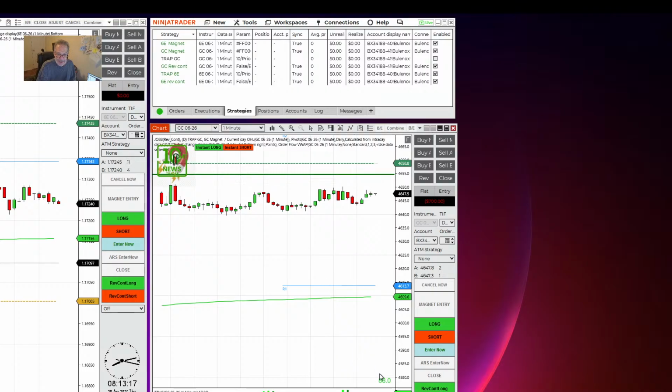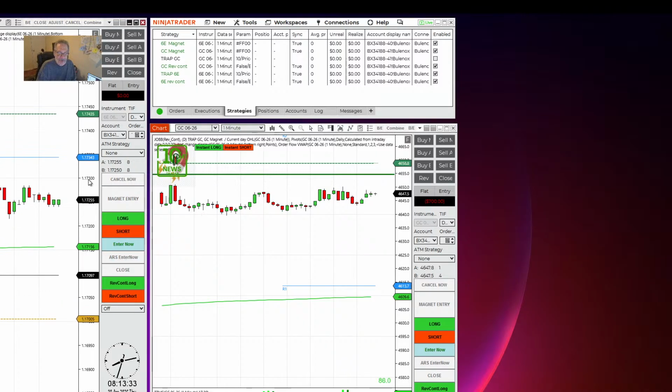Gold is quite bullish today. It's up 86 bucks, probably going to retest this high. It might be before the news, too. But we are concentrating right now on our euro trade.